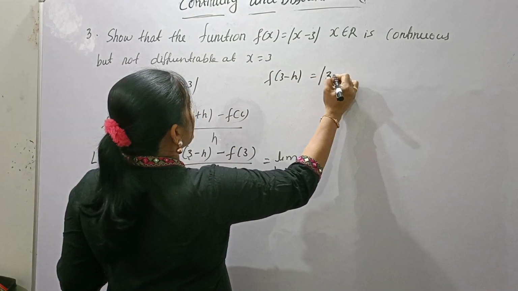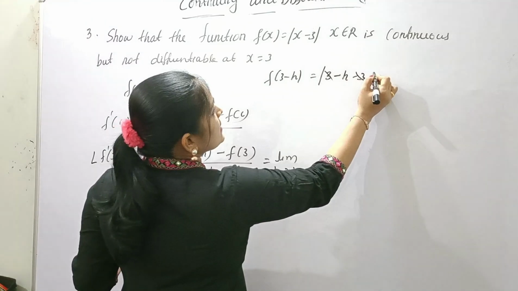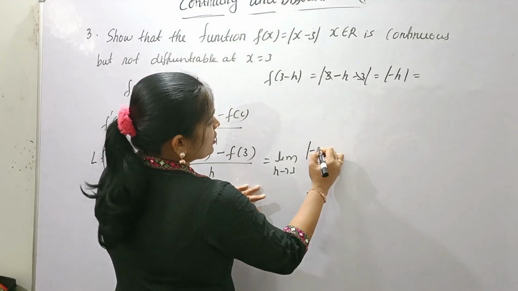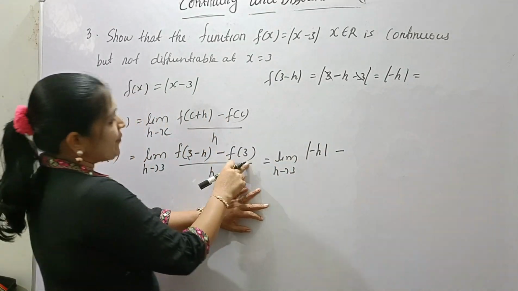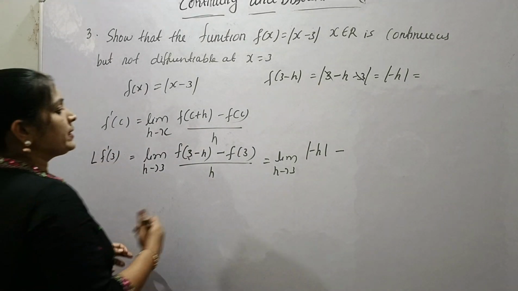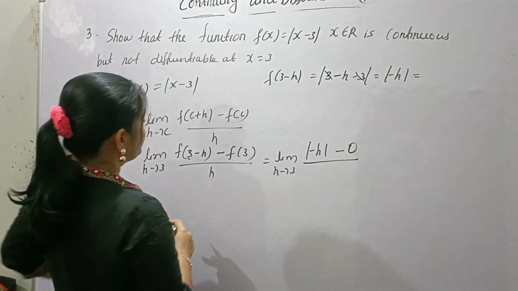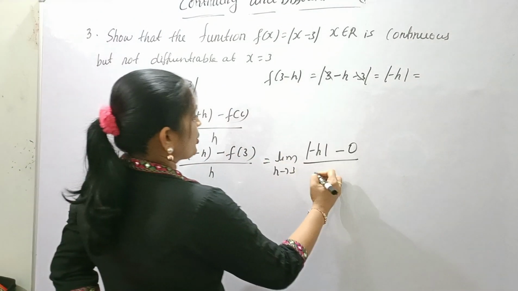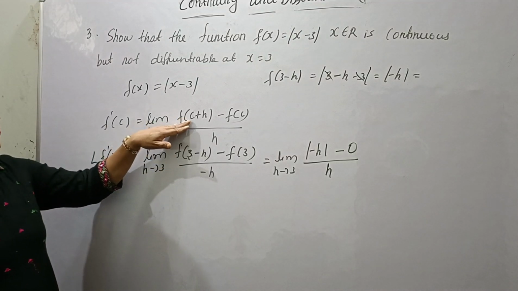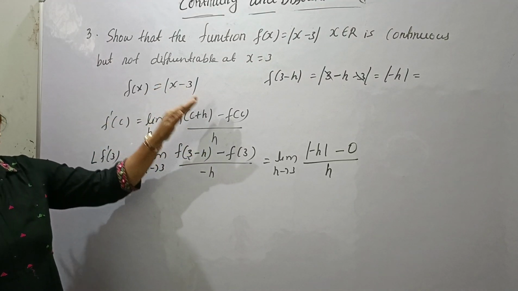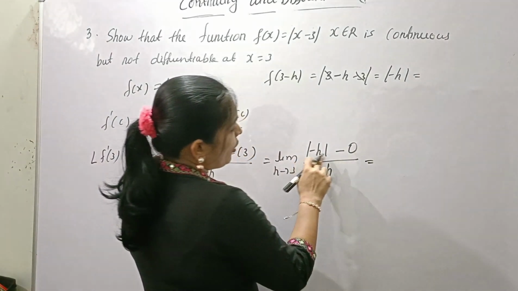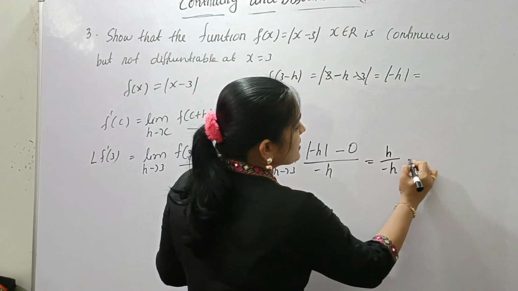So that is modulus of 3 minus h minus 3. So 3 cancelled. That is modulus of minus h, minus f of 3. f of 3 is 0, right? Divided by minus h. Left hand derivative is f of c minus h minus f of c divided by minus h, okay? That is equal to, here modulus of minus h is h divided by minus h, that is equal to minus 1.